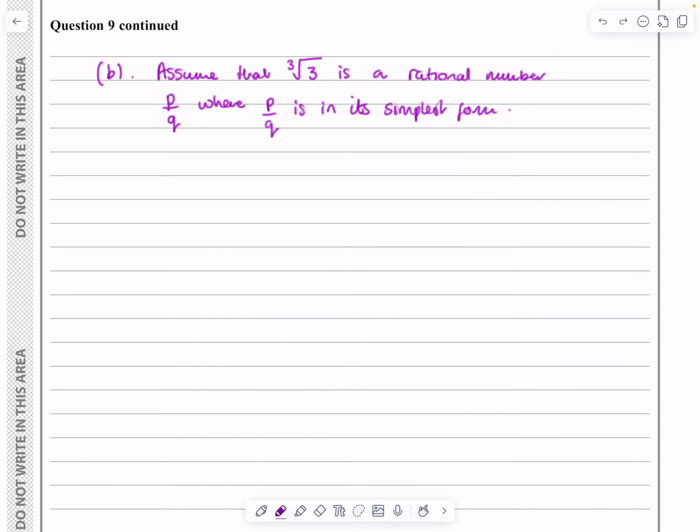So when we do these, we say the cube root of 3 is going to be equal to p over q. Let's get rid of the cube root, so cube both sides. I'll get 3 is equal to p cubed over q cubed, which means that p cubed is equal to 3q cubed.